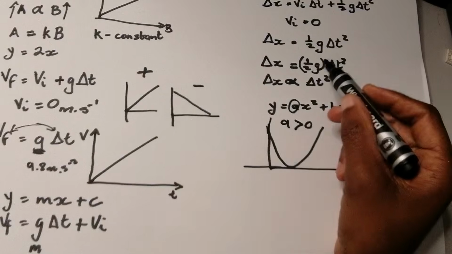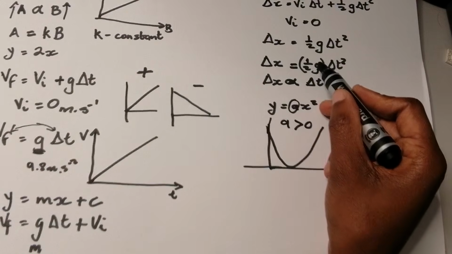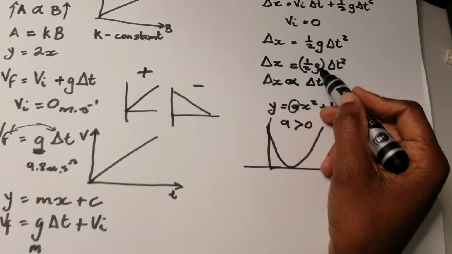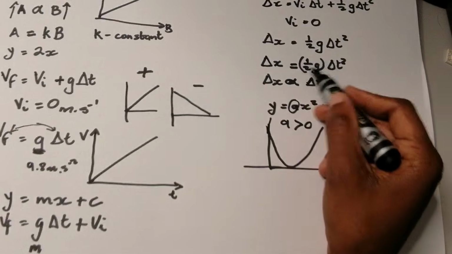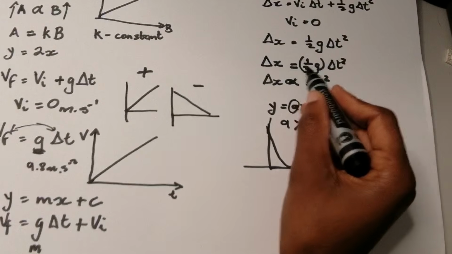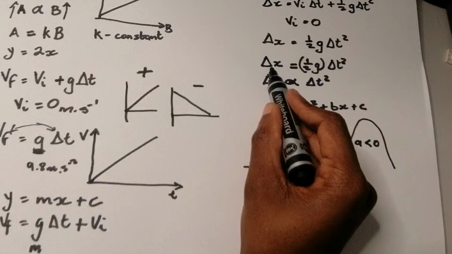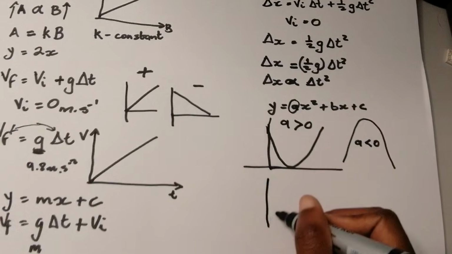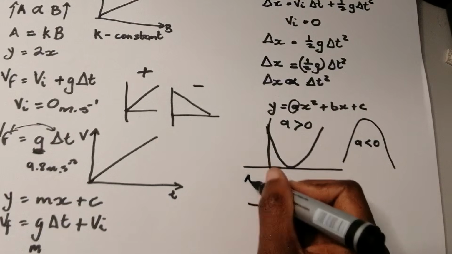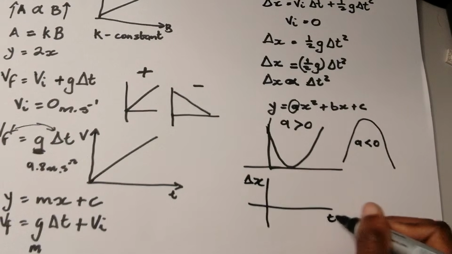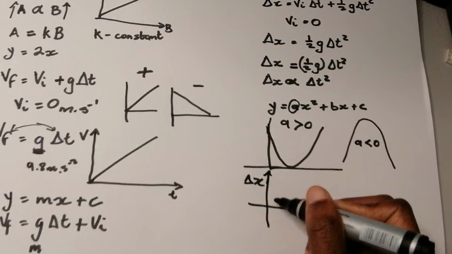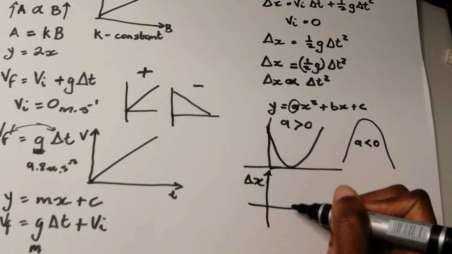Now let's go back to the one that you had there. So if your g value, if you took downwards as positive, then this whole thing becomes positive, and as a result, look at this, you've got delta x directly proportional to the square of t. So if I asked you to draw delta x against time, we would get the shape of a parabola.